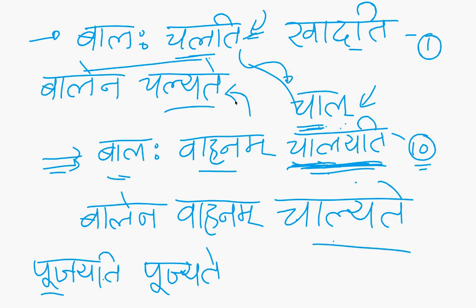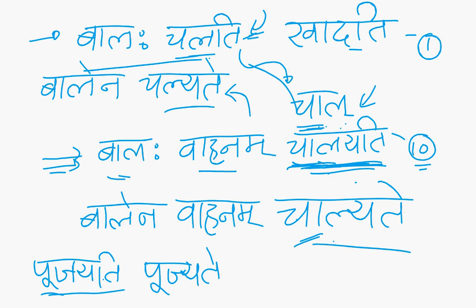So if you know this derived form of any dhatu like chalati, chalayati, then you will know that in the derived form it will look like chalayati, chalyate. The first letter will usually be different in the derived form, like cha becomes cha, e becomes ai sometimes, o becomes au sometimes.